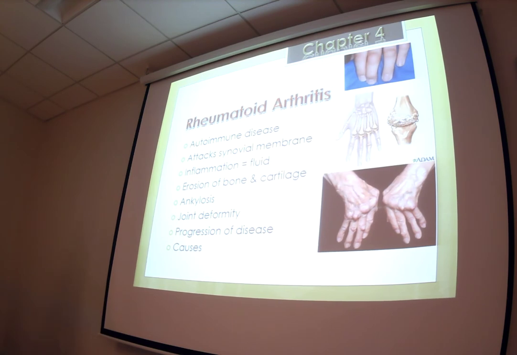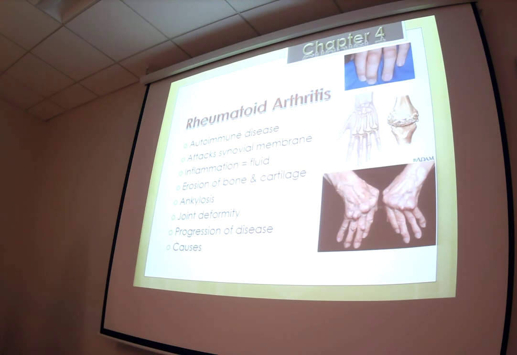Essentially, in this disease, what happens is the immune system attacks that synovial membrane, creates inflammation in that joint space, which increases the fluid level inside that joint space. It then causes granulation of the tissues, which then causes erosion of the bone and the cartilage.